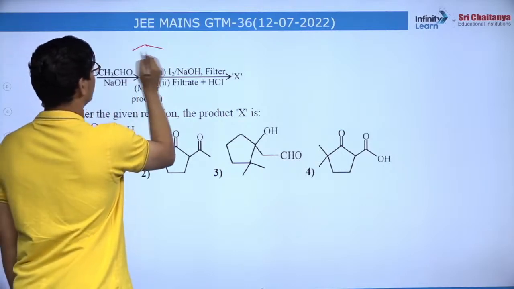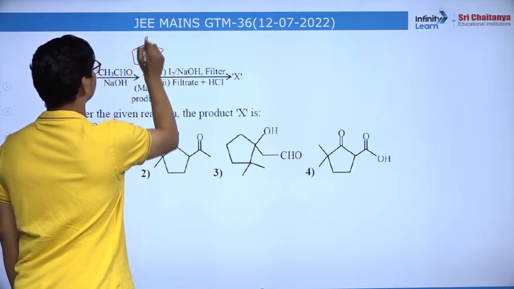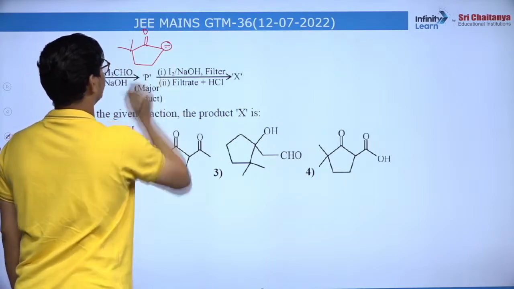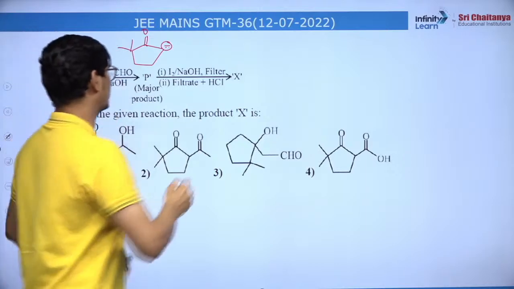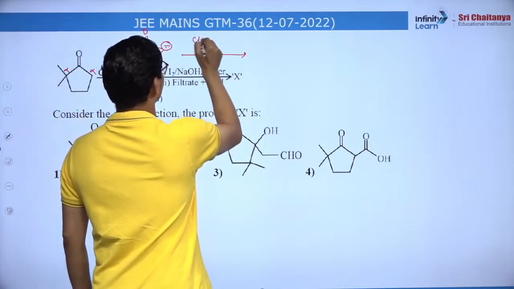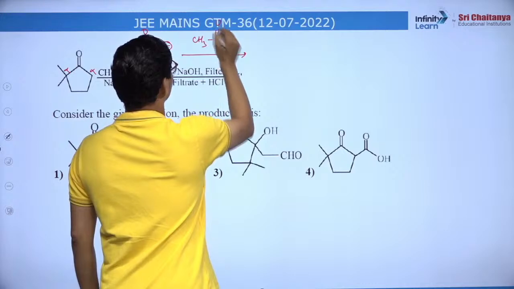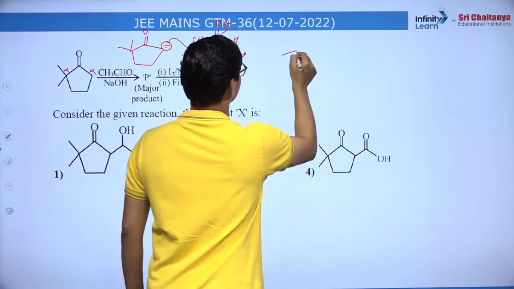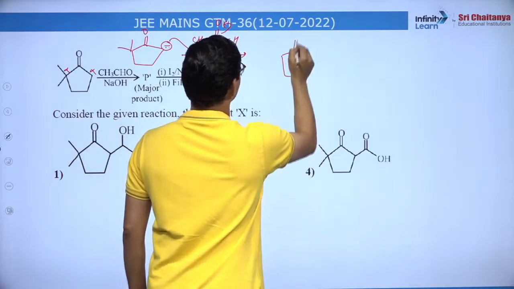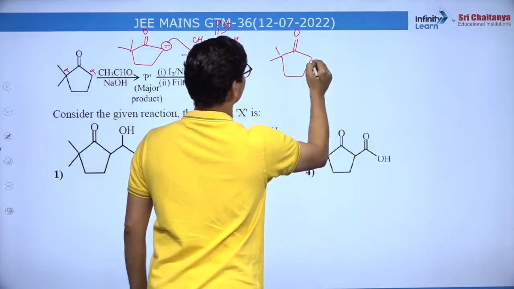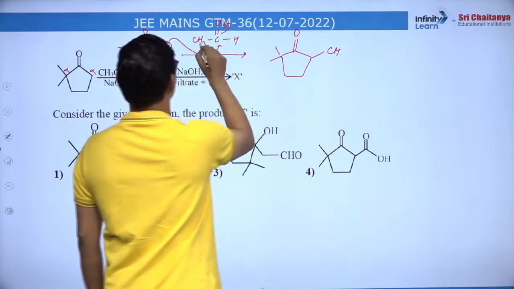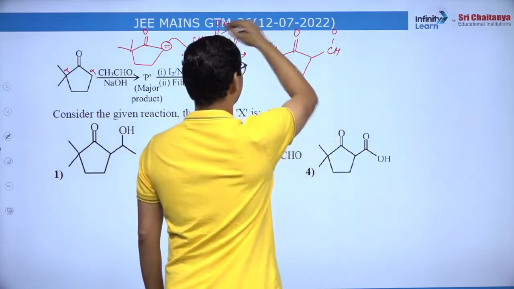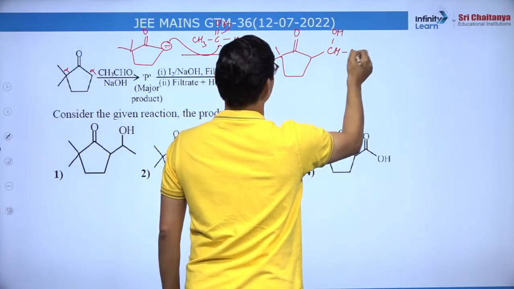So in the first step we will get the enolate ion, which will attack acetaldehyde. A carbon-carbon bond will form. It will take H plus from the solvent, OH, and then CH3.